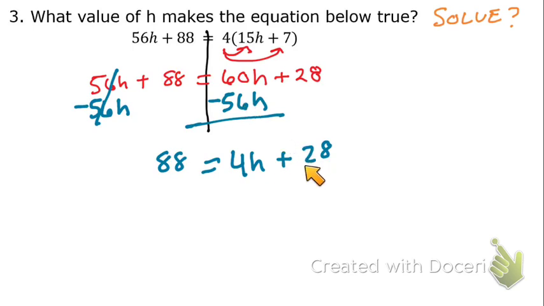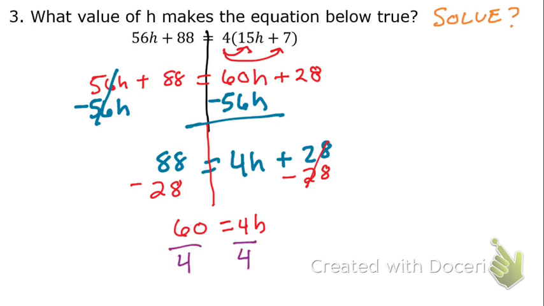This is a positive 28, so that means I will be subtracting 28 because 28 minus 28 is 0. So I do that to the other side, and we're left with 4h equals 60. And our last step, as always, is to divide. So we divide by 4, and h is 15.